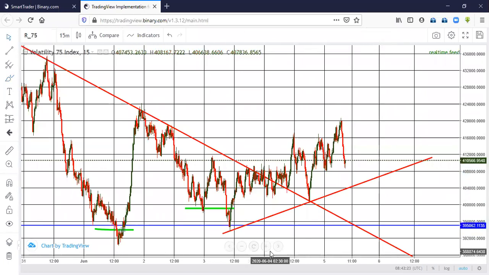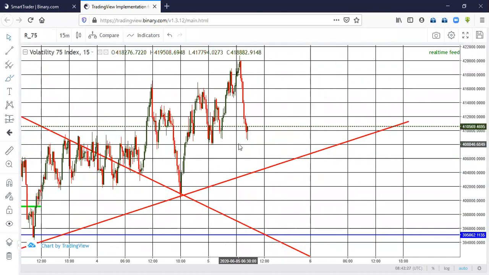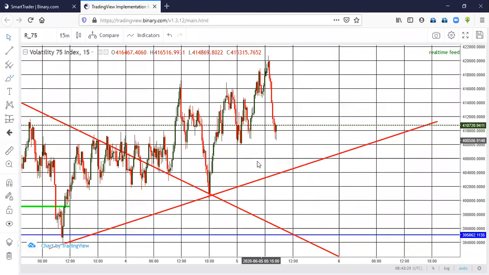So for our market today, we are expecting it to react in that same manner. It will continue coming down like that, and then it will continue reacting like that. So we expect those. But remember, this is a volatility index.